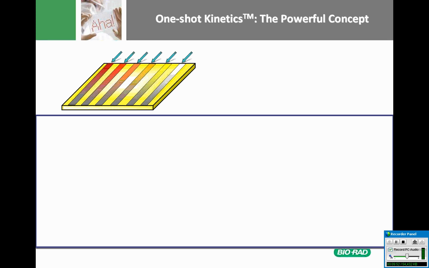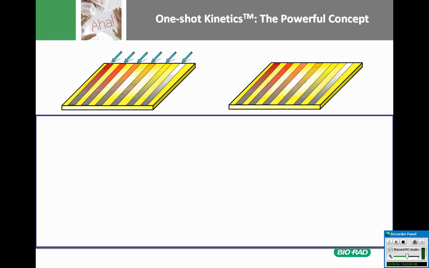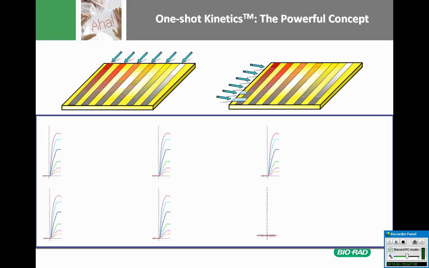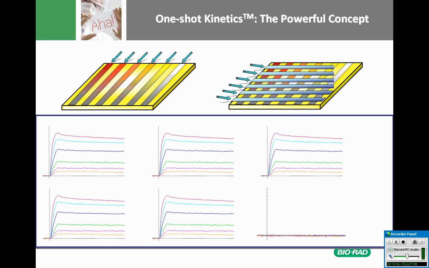When you're ready with the immobilization, you proceed to the next step to inject the different Analyte concentrations. You prepare 6 Analyte concentrations, and in one injection you'll get 6 panels, each one consisting of 6 different concentrations. This panel here is the outcome of those 6 analyte concentrations interacting with ligand number 1.